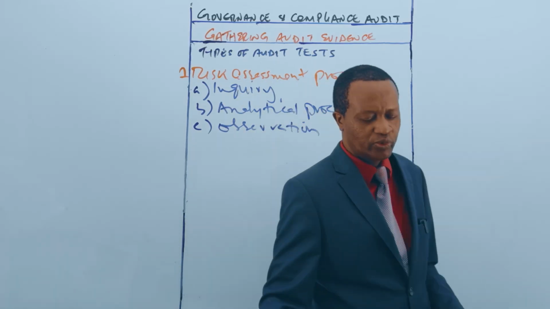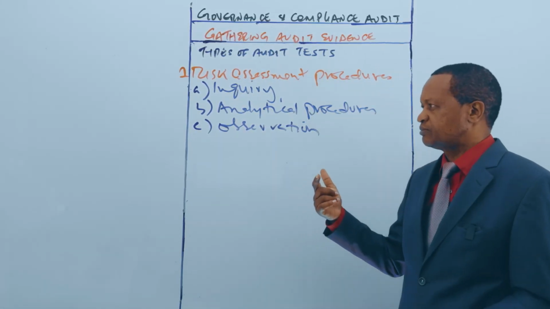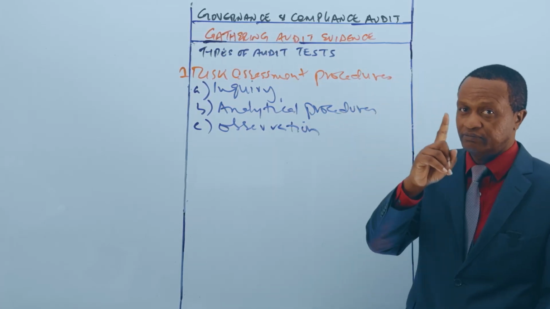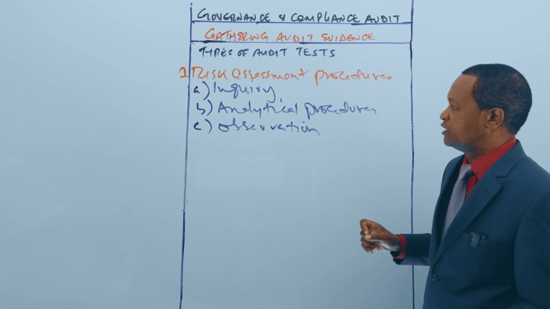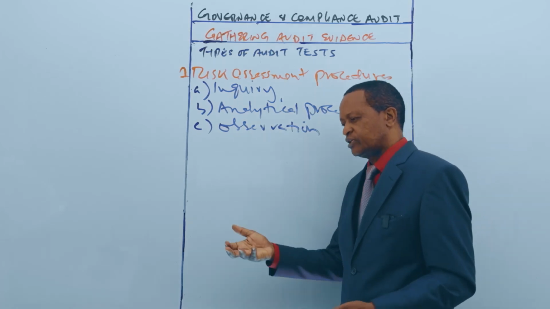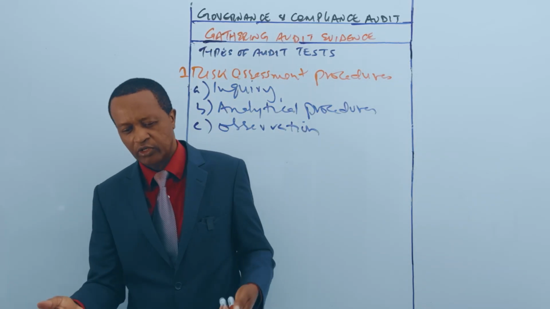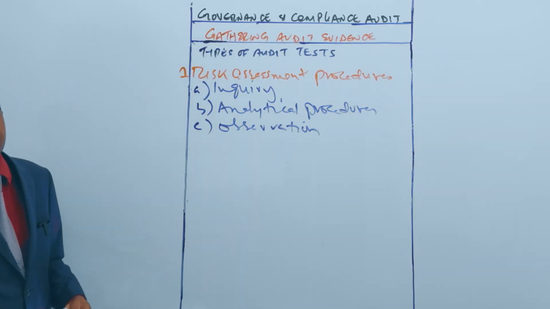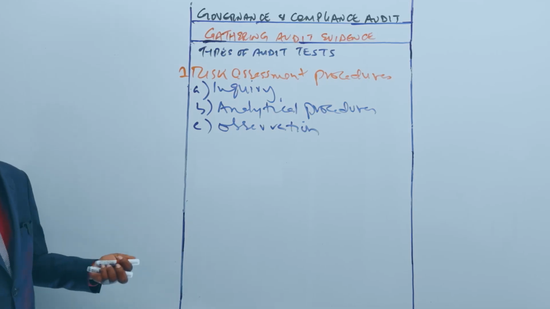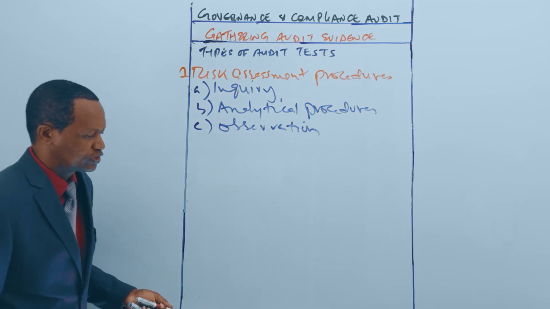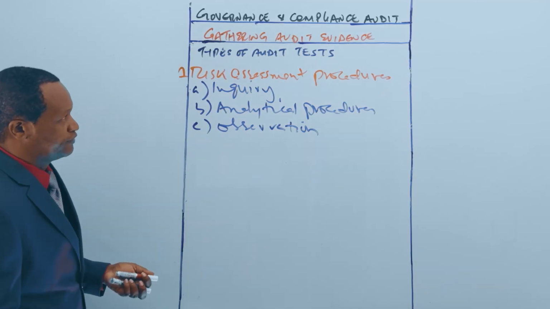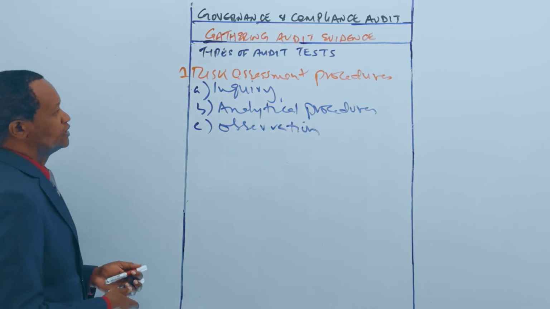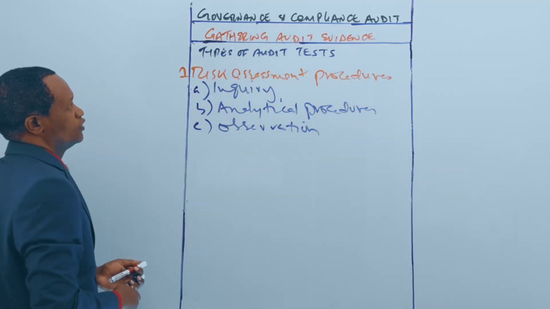If the room where the server is located is not locked, that is a red flag. You can just observe by walking through the organization to see if you can spot any obvious violations of protocols or controls. Observation. That is one category, or type, of audit test.